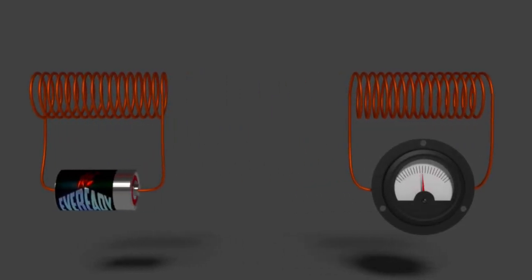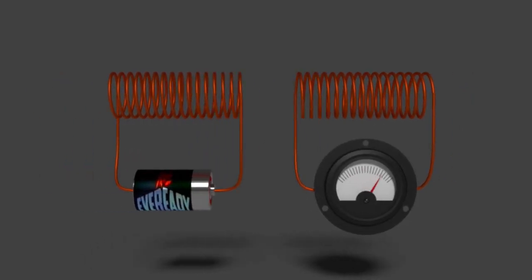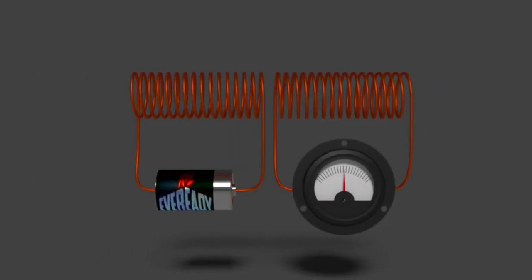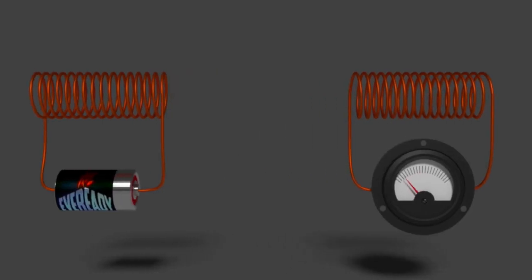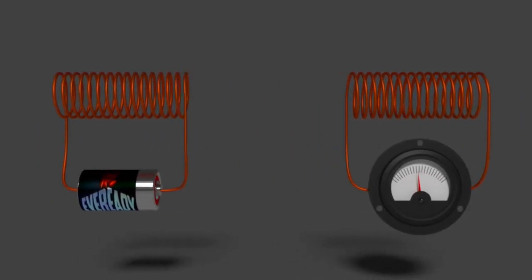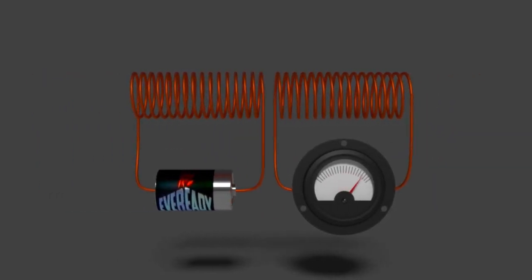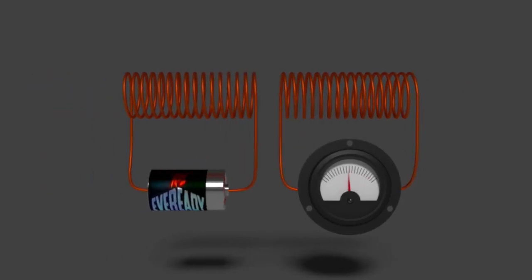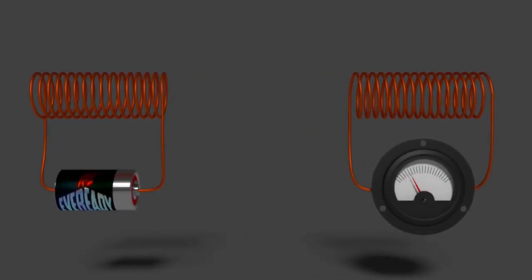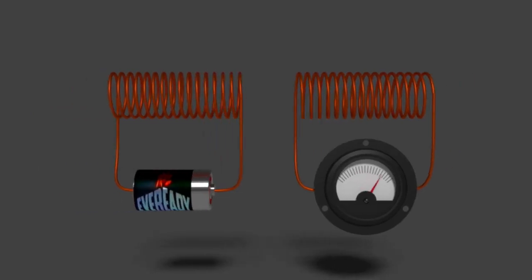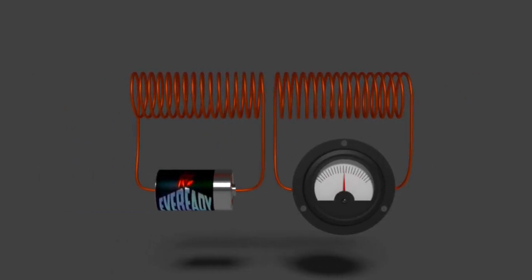If we observe the pointer movement of the galvanometer during movement of the second coil or first coil, we will find that the pointer moves in one direction when both coils come closer and in the opposite direction when both coils go away from each other.